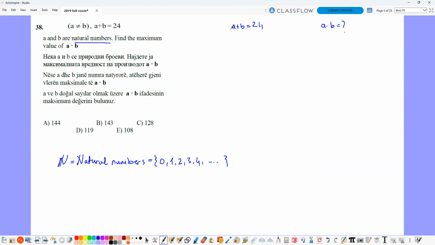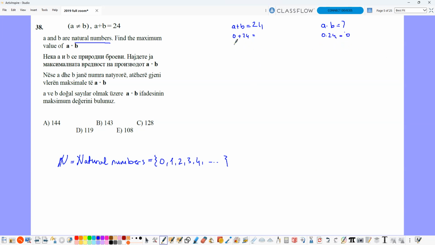So which counting numbers make 24? Firstly, I'm going to try to understand that one. Let's say 0 plus 24 is 24, but 0 times 24 is equal to 0. This cannot be the greatest value.